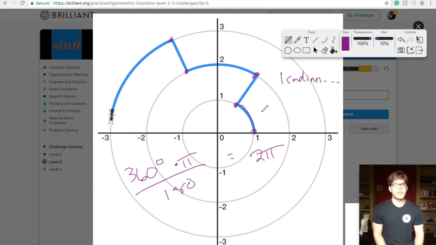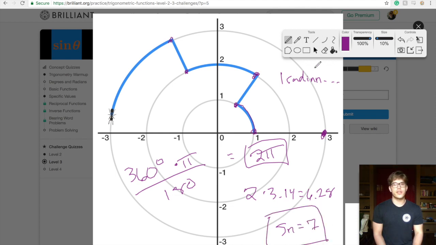And how many radians are in a circle? Well, 2 pi. What is 2 pi? Well, it's approximately 2 times 3.14, which is 6.28. So the ant will finally cross this positive x-axis whenever it's on the 7th circle. So n must equal 7. That's my answer. I'm sticking with it.